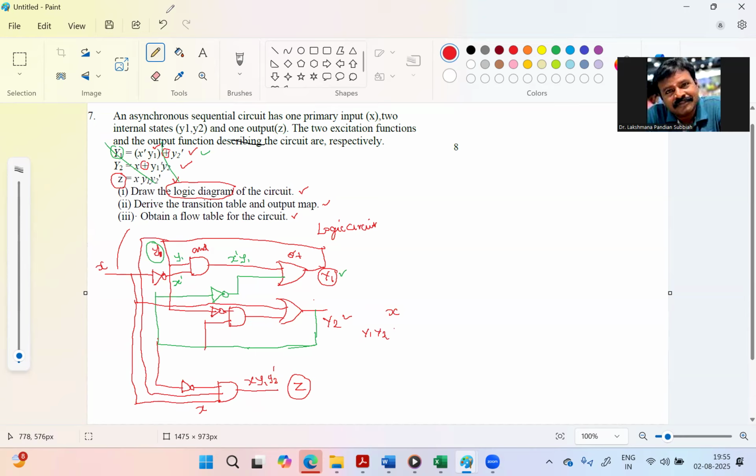So present state, input X, then you have to write for that Y1 function and Y2 function. This is 00, 01, 11, 10. This is X equal to 0, X equal to 1.